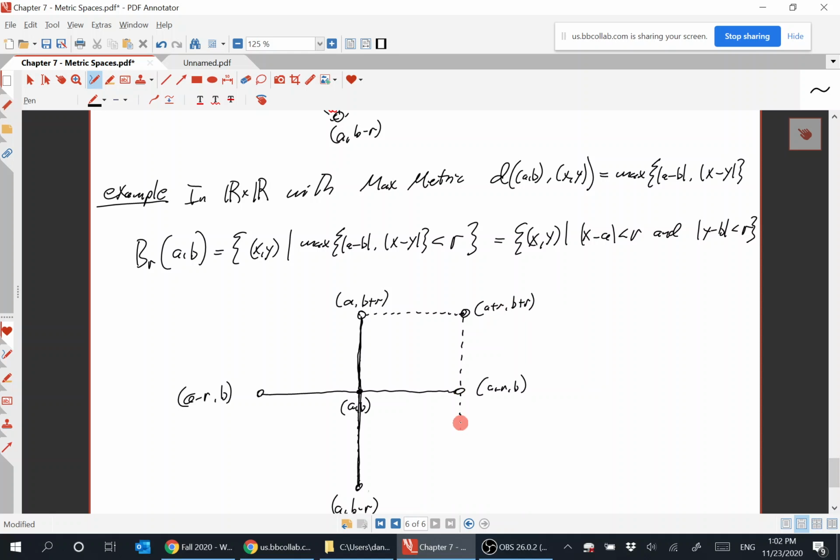So any point inside of this is in the ball, but these corner points are not in the open ball. Anything inside this square is. Okay, makes sense. So it's this whole square.